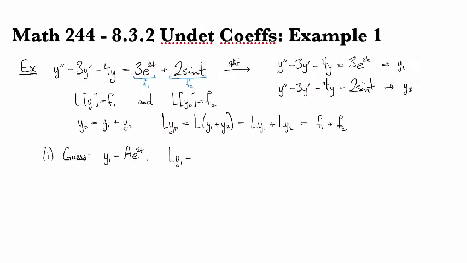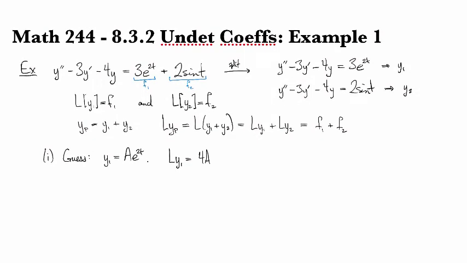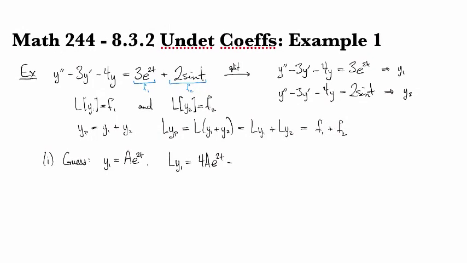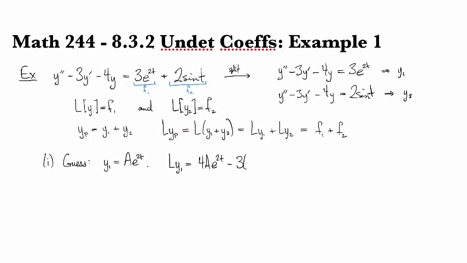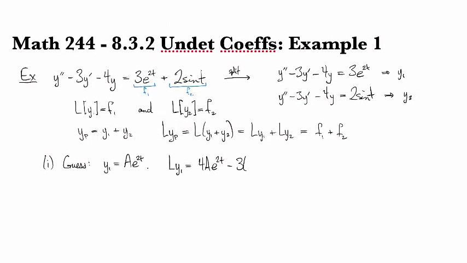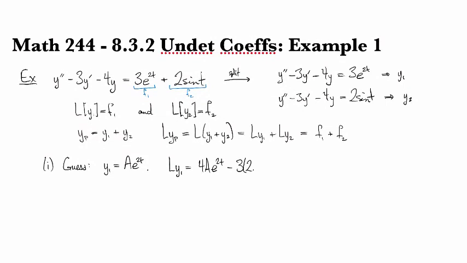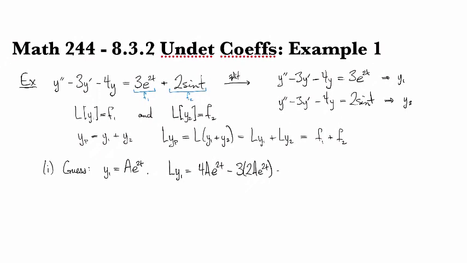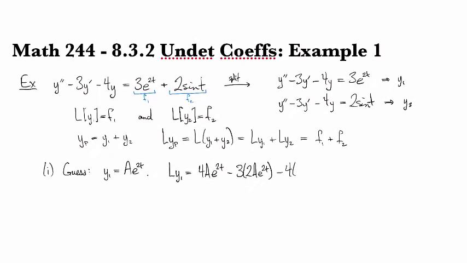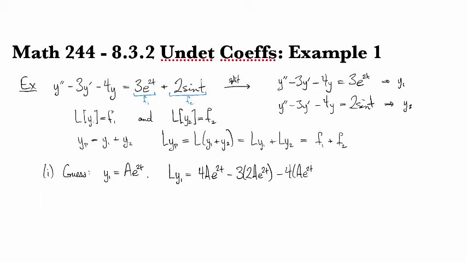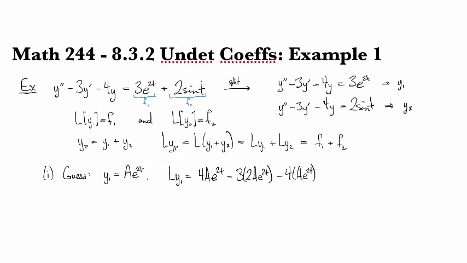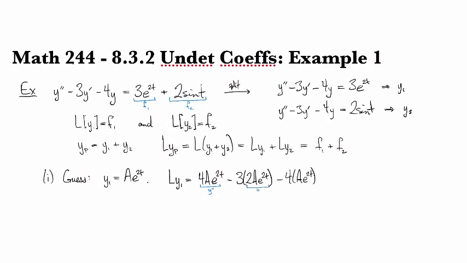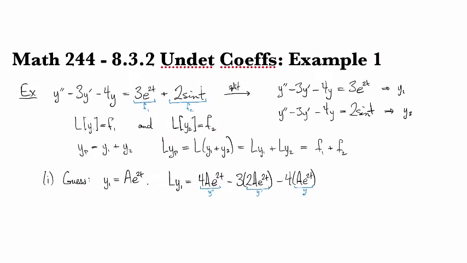Well, the first thing is its second derivative, so that would be 4Ae to the 2t. And then the next thing is minus 3 times its first derivative, so that's 2Ae to the 2t. And then I've got minus 4 times the original guy, Ae to the 2t. So there's my y double prime term, and there's my y prime term, and there's my y.